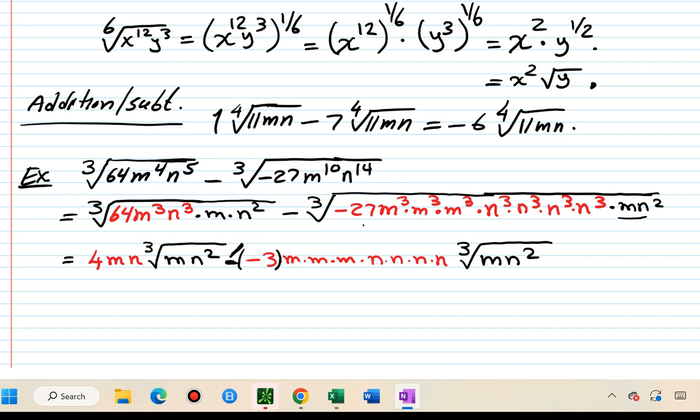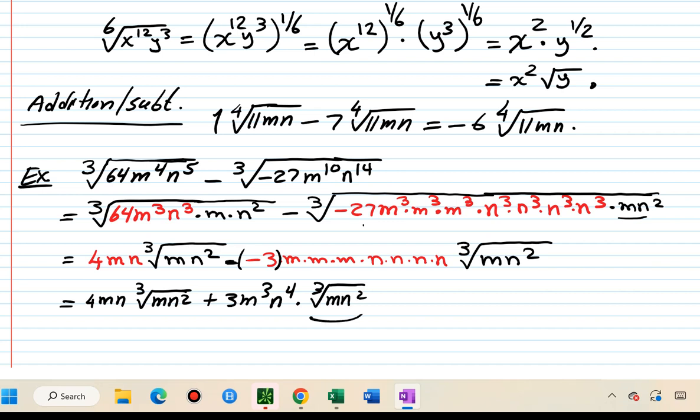Hopefully you're following what I'm doing. So I can write 4mn cube root of mn squared. Double negative here makes positive 3m cubed n to the fourth times the cube root of mn squared.